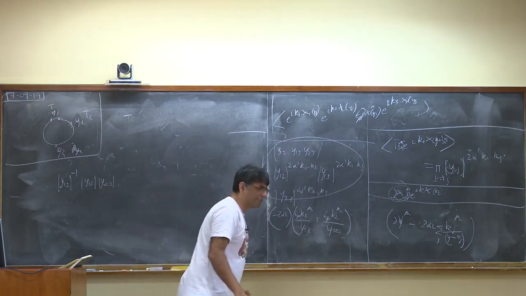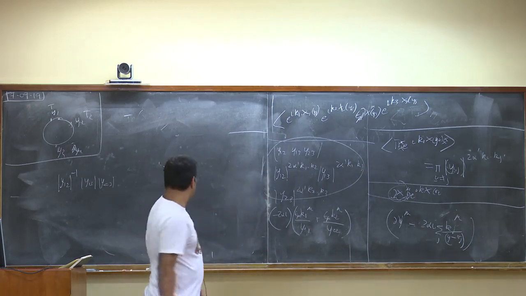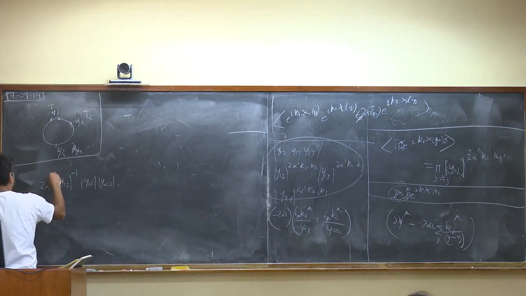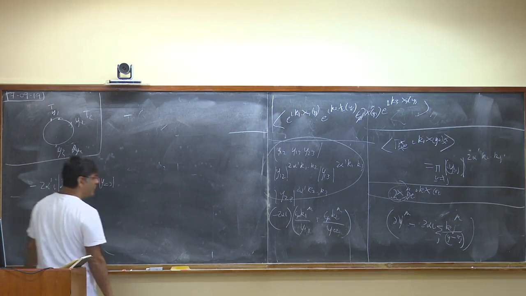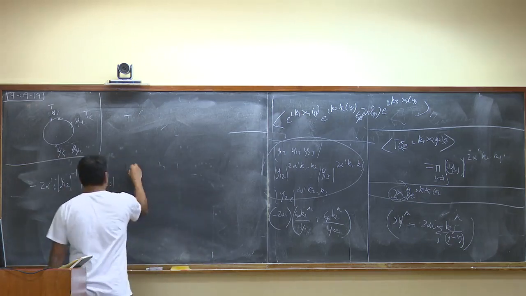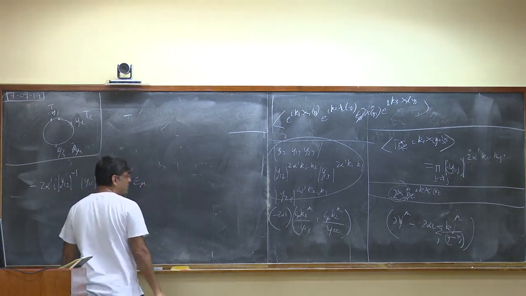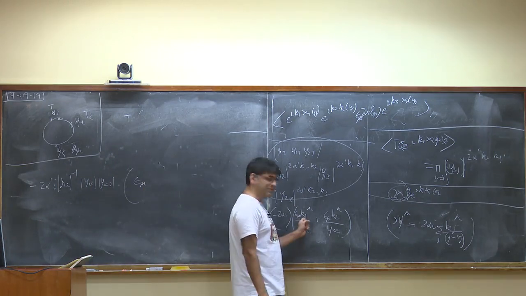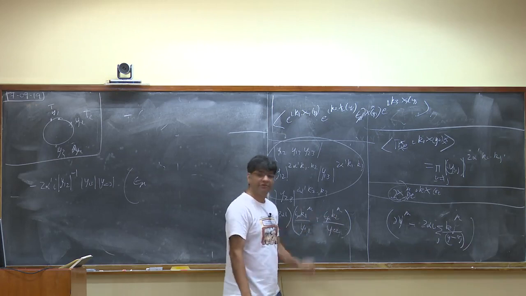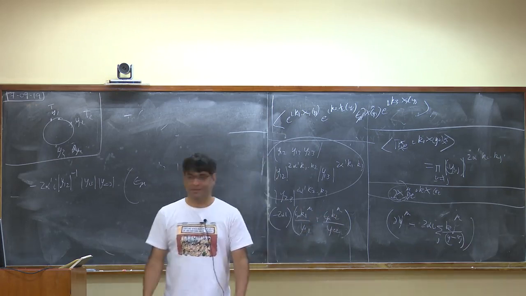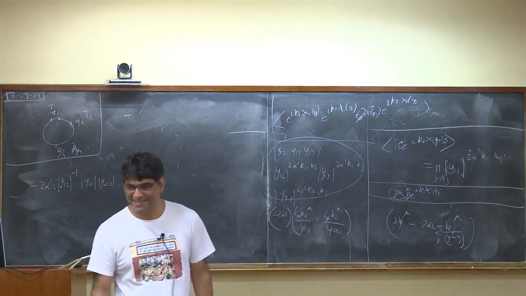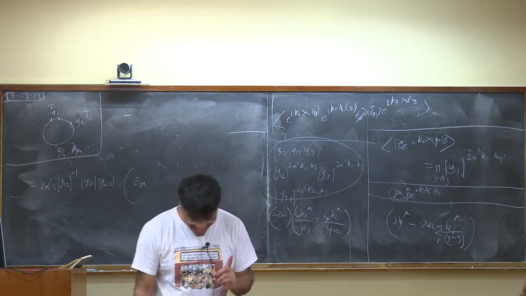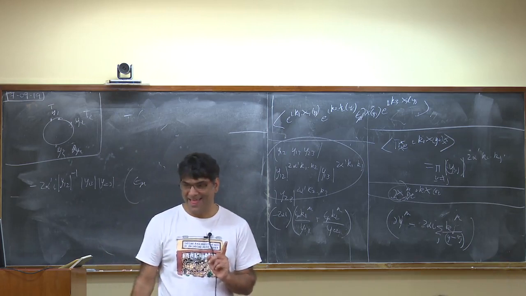What remains is this stuff. Now we need minus 2 alpha prime i, and then we have epsilon mu. The first thing we're going to do, it looks like these numerators are different, but they're actually not. Why not? Because epsilon dot k3 is 0.